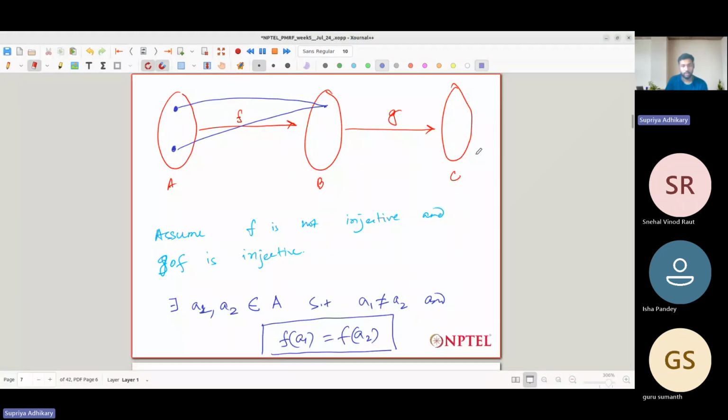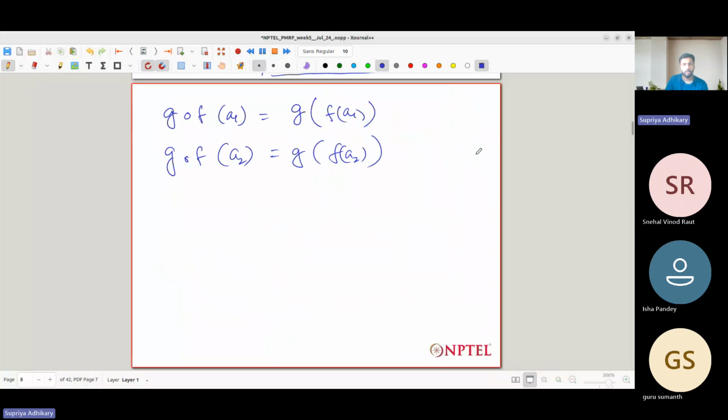And we consider that to be, let's say, some element b in this codomain set B. So b belongs to B. So now, over here, what we can say is that this is nothing but equal to g of b, and this is also equal to g of b.